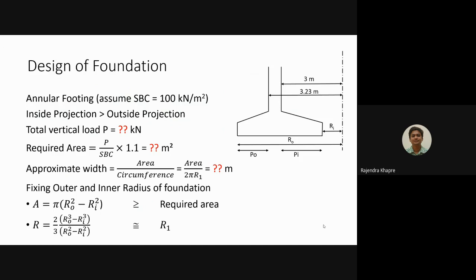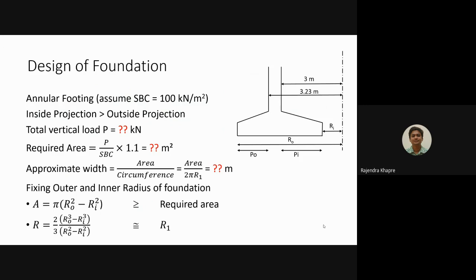In this figure you can see PO and PI. PI is the projection on the inner side of the Jackwell, and PO is the projection outside the Jackwell. So an annular footing is a footing where the inner side projection is more and the outer side projection is less. Now with this, we have to go for the design.